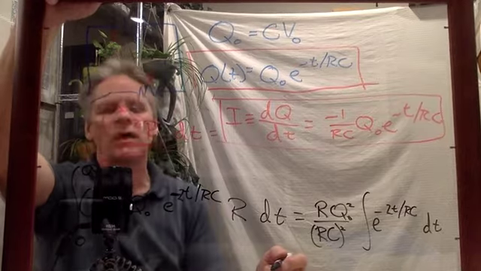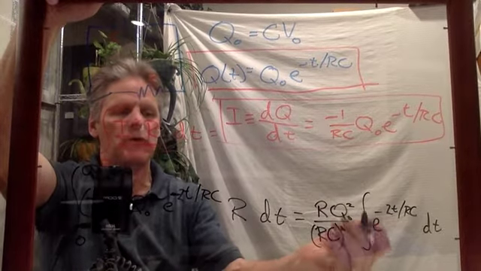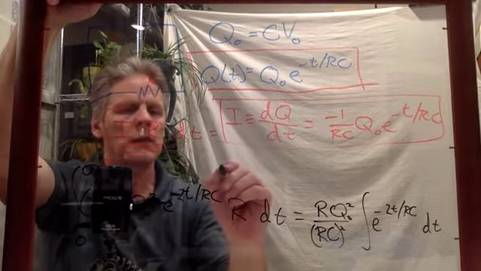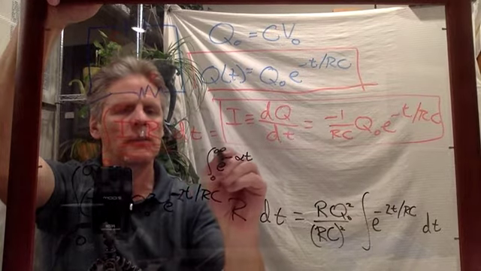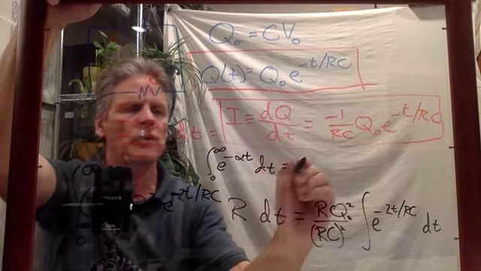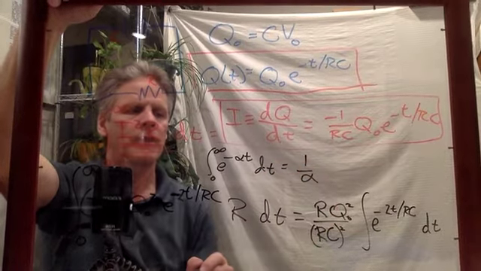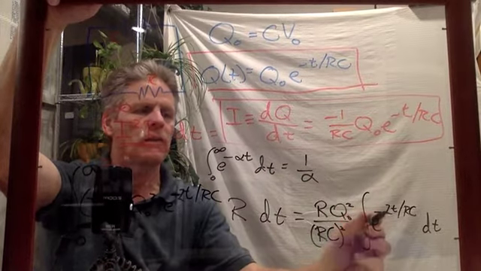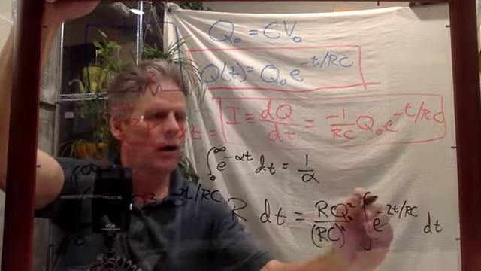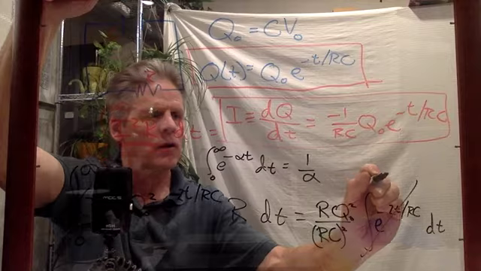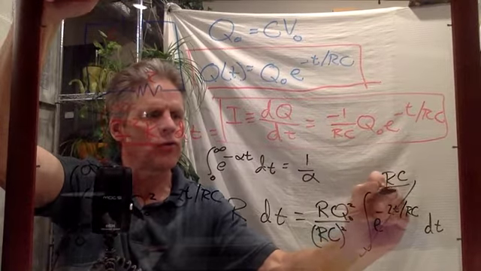Well, if you look on the equation sheet, you will see we have an equation that says the integral of e to the minus alpha t from 0 to infinity dt is just equal to 1 over alpha. So what is our alpha then? It's 2 over RC. So this is equal to RC over 2.